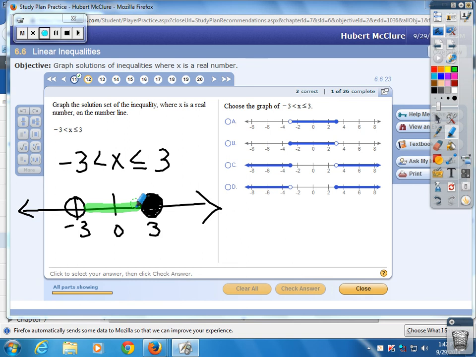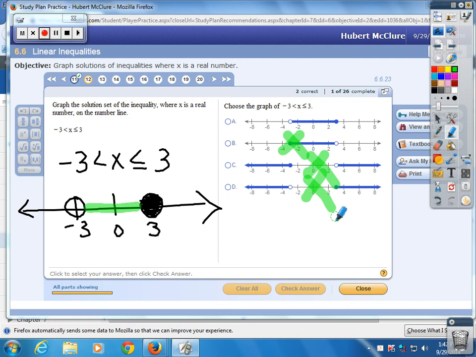So you've got to find a graph that's closed, shaded, open, shaded, closed. Open, shaded, closed. Nope. Open, shaded, closed. Nope. Open, shaded, closed. Nope.